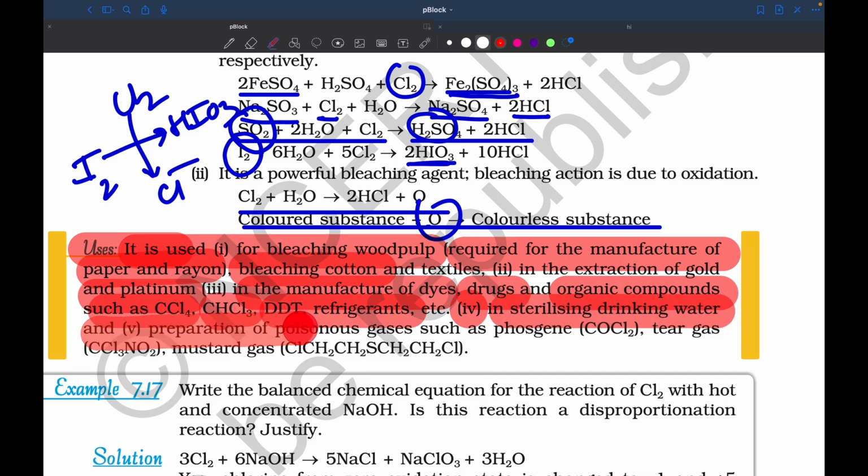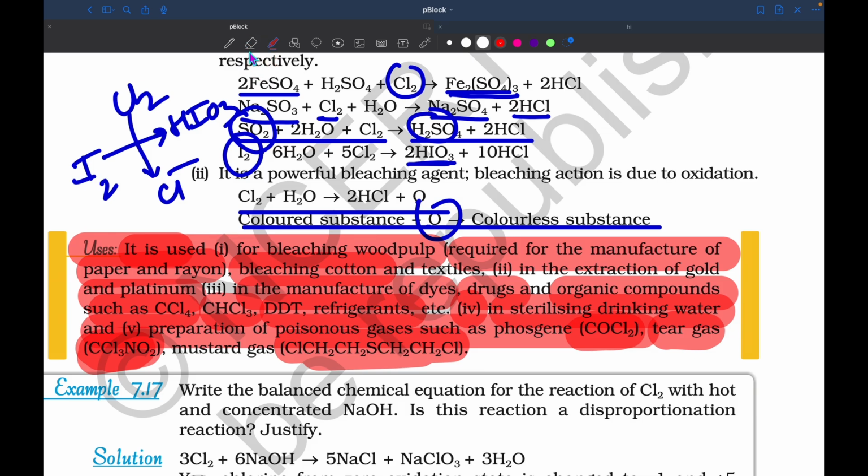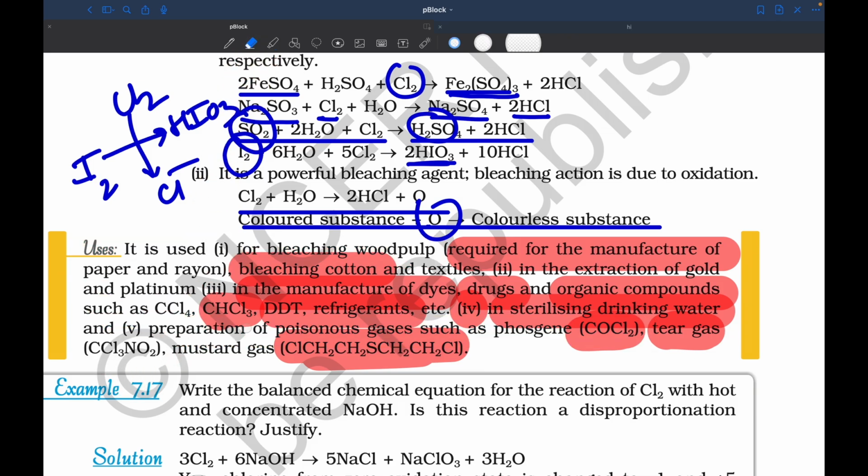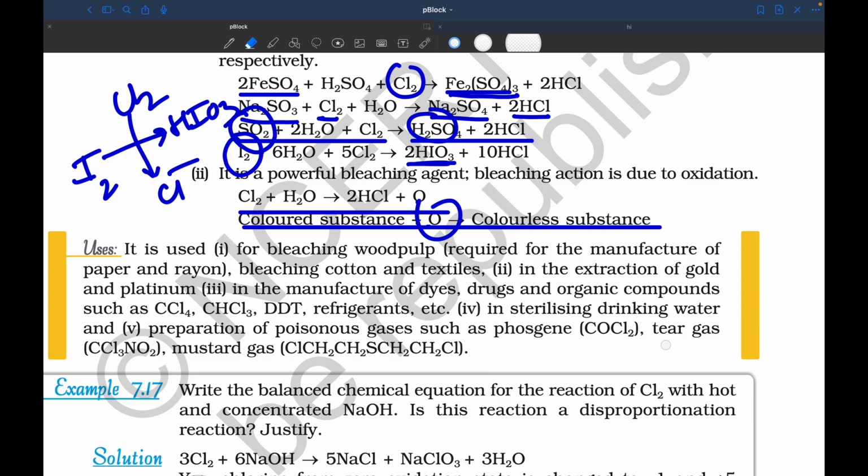And fifth, preparation of poisonous gases such as phosgene, COCl2, tear gas, CCl3NO2, mustard gas, ClCH2CH2SCH2CH2Cl. Right. So these are the uses here.